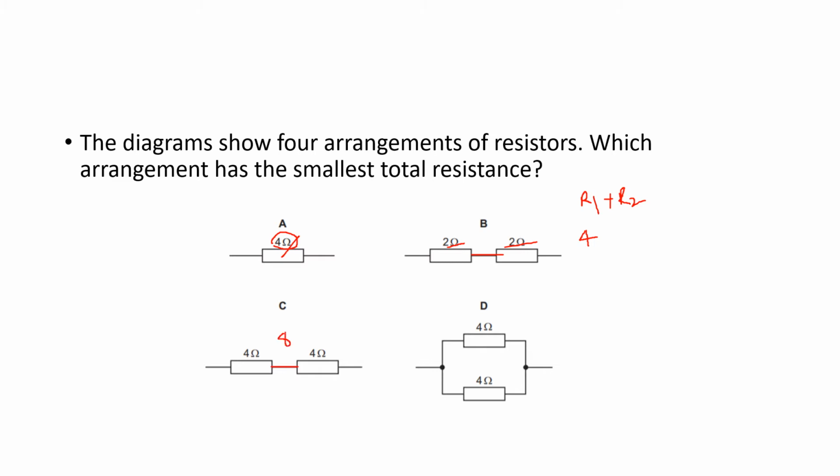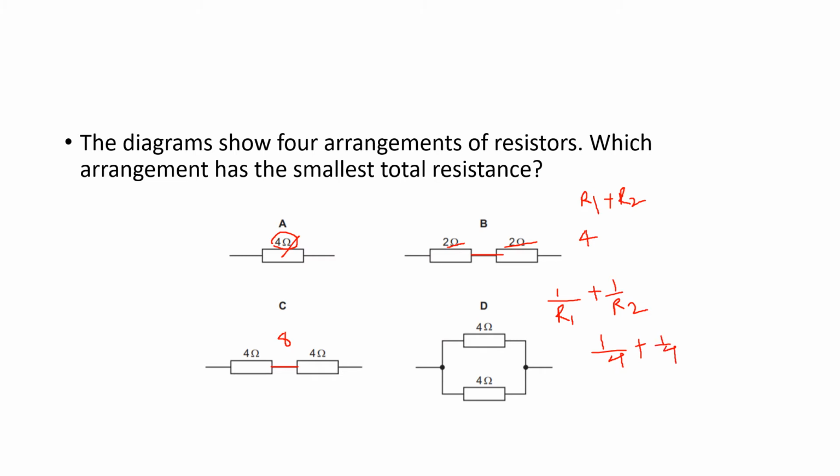And what about here? Here the resistors are connected in parallel. So the formula to find out total resistance if they are connected in parallel is 1 divided by R1 plus 1 divided by R2. So it will become 1 divided by 4 plus 1 divided by 4.